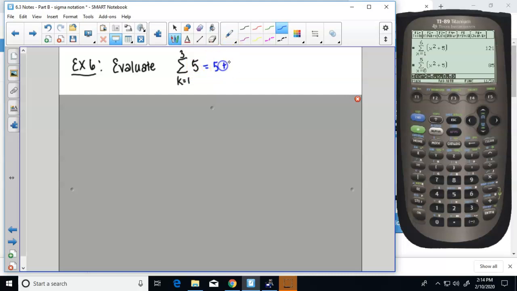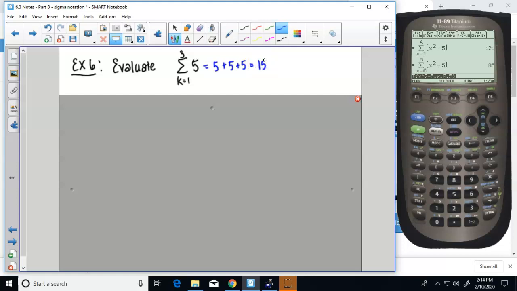And then what would I get when I try to plug in 2? I'd get 5 again. And then when I try to plug in 3, 5 again, right? And then I'm just going from 1 to 3, so I end up with 5 plus 5 plus 5, or I could do 5 times 3, which would give me 15.